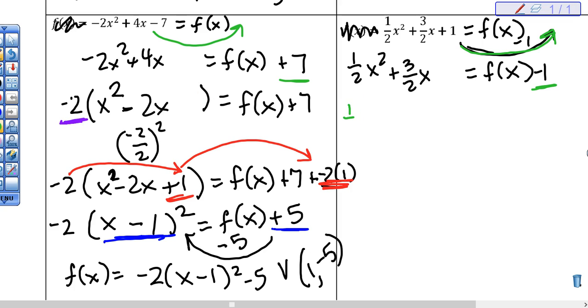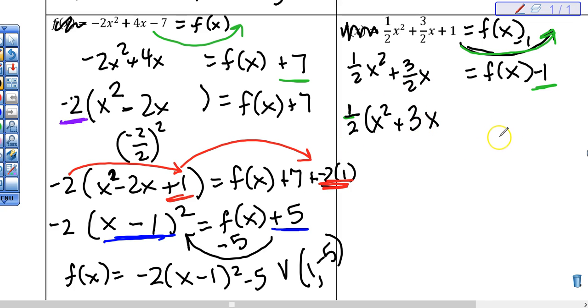Step 2, factor out the a. So we're going to factor out a half. So do 1/2 divided by 1/2, that's 1. Do 3/2 divided by 1/2. No, it's 3. Remember, it has to get bigger, right?